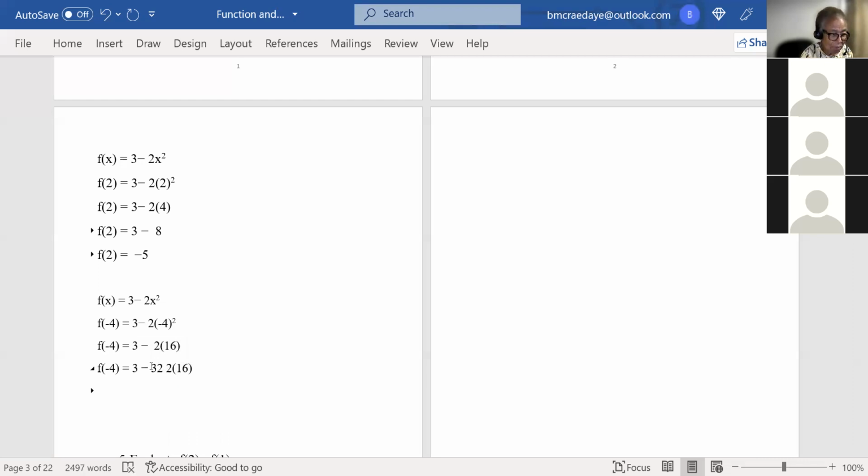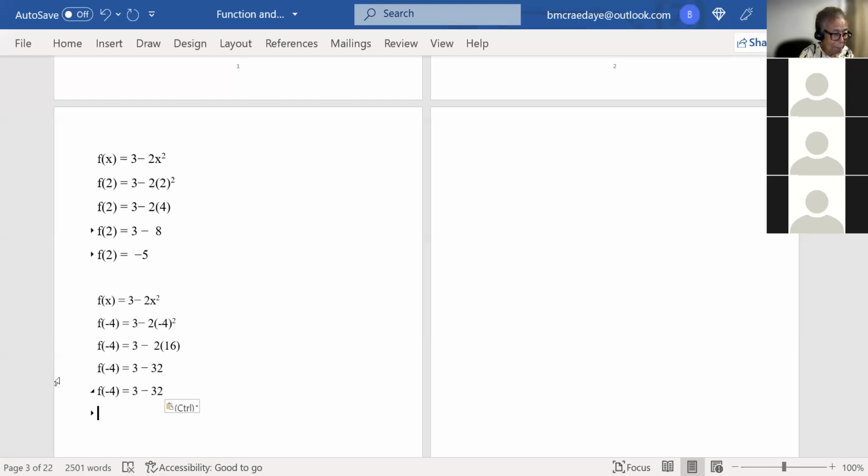Minus 3. 32 minus 3. So what's the answer? 29. Remember, is it plus or minus? A minus 29. That's right, because you're subtracting, because it's a plus and a minus.